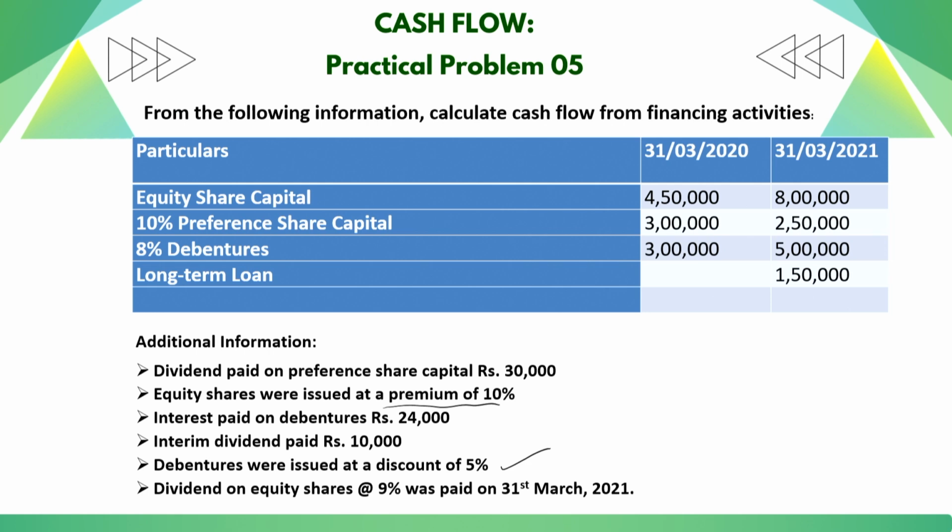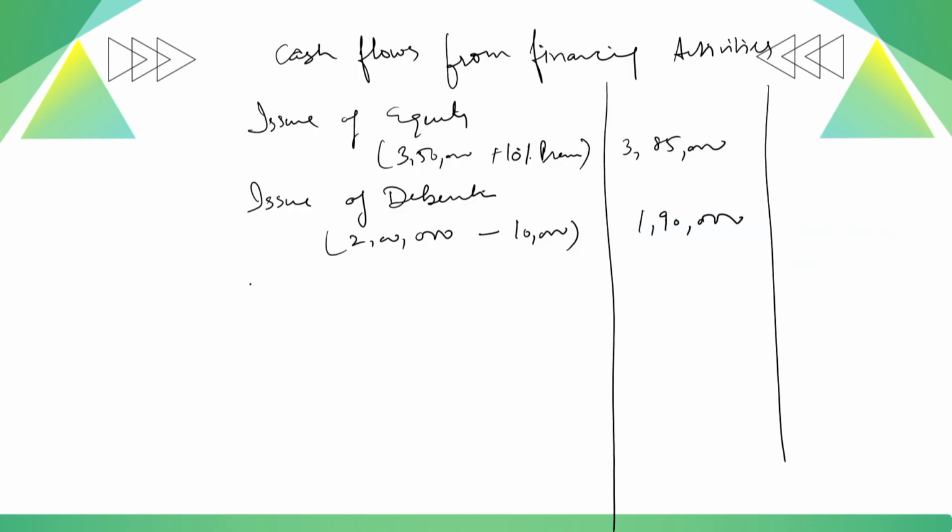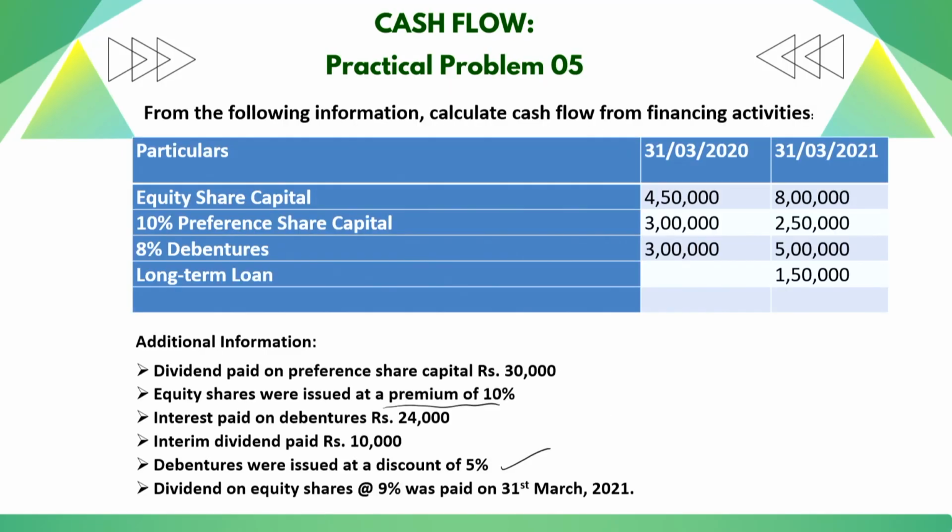Next is long term loan has been raised. So, the raising of loan is there amounting to rupees 1,50,000. Then we have 10% preference shares in the last year 3 lakh and in the current year it is 2,50,000, showing a redemption of preference share capital.